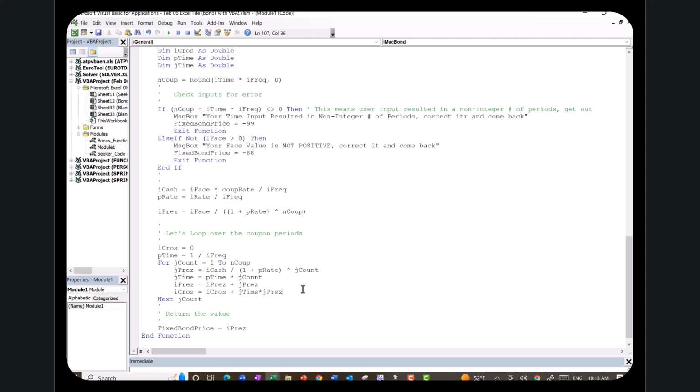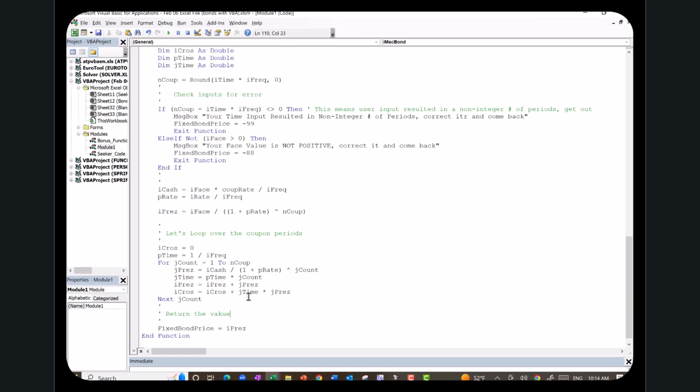And J time is how much in the future that time period is. Basically, when I get out of this loop, I know 2 things. I know present value of the bond, because I started it with the present value of the cash flow, right? Actually, no, I have not done that yet.